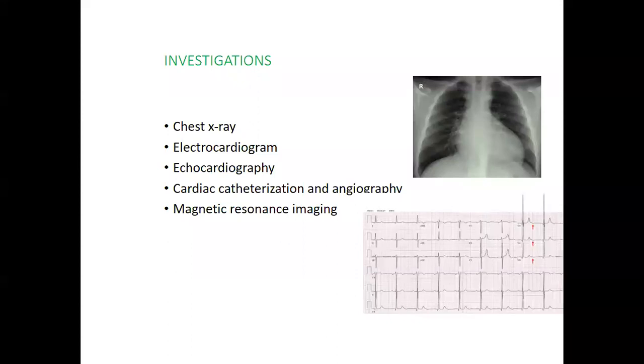And MRI is again a very important test, especially in those patients who have got coronary involvement, or in those patients who have got ascending aortic involvement, for the measurement of different segments of the aorta: ascending aorta, coronary sinuses, and the diameter of the aorta at the level of the coronary sinuses and at the level of the aortic arch, whether there is any aneurysm or not, whether there is any dissection or not.